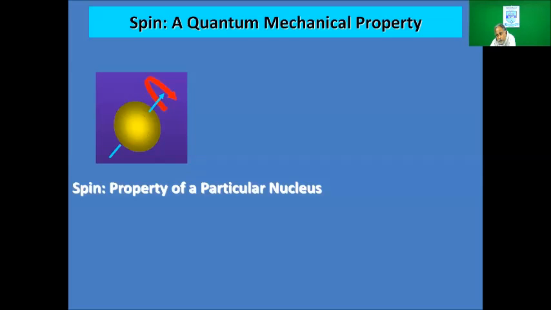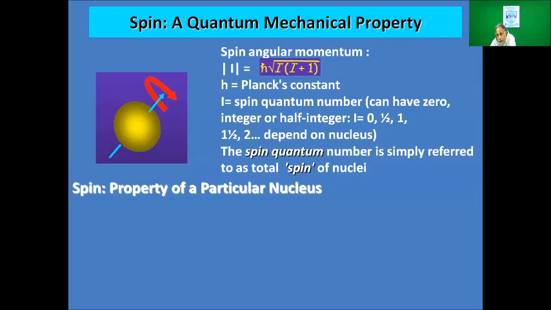So now we should learn a little bit about the spin of the nucleus. The spin, a quantum mechanical property, can be written, as I have already said, as I equal to root over I into I plus 1 into h-bar. Here h-bar is equal to h by 2 pi, where h is Planck's constant.